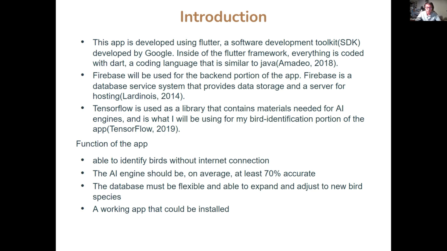This means that because there are thousands of bird species in the world, I definitely cannot include all of them in the first update. So that means I have to update and include more birds as people find new birds in the world, and also want more new birds to be added to the app. And finally, it must be a working app that can be installed.